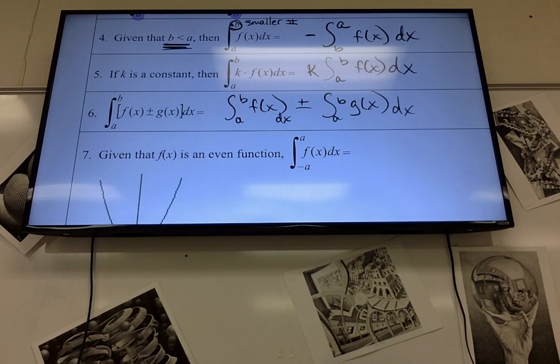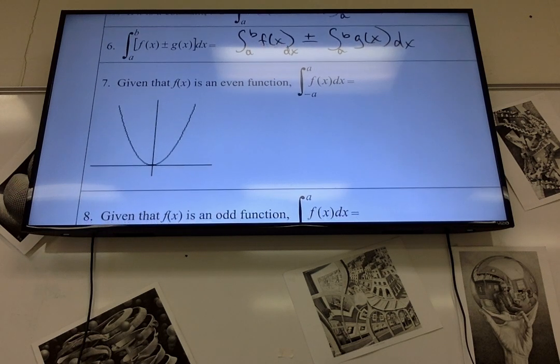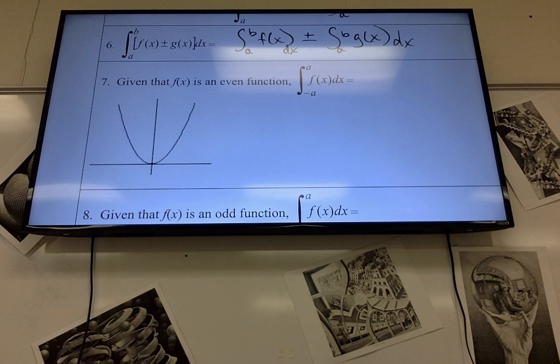Okay, so on 7, an even function means that it splits in half. You have the same thing on the left-hand side as you do on the right-hand side of the y-axis. So if that happens, if I'm going from negative a to positive a, then the area over here is going to be the same as the area over here, if it's an even function.